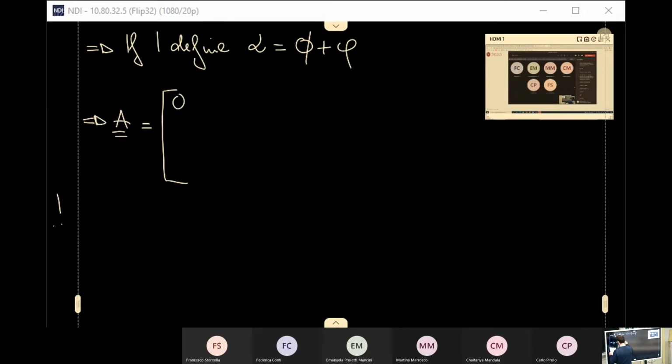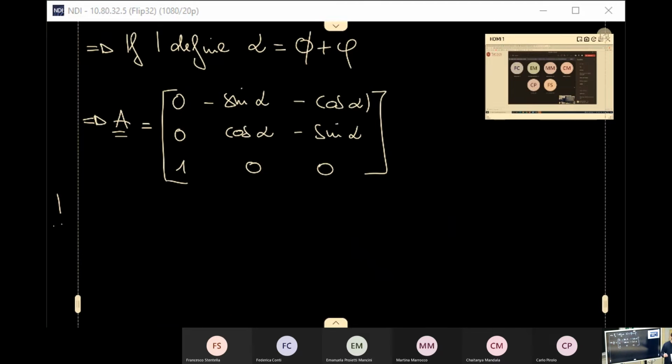It becomes 0, minus sinus of alpha, minus cosinus of alpha, 0, cosinus of alpha, minus sinus of alpha, 0, sorry, 1, 0, 0. So you see, I no longer have 3 parameters, but once I have set psi equal to pi divided by 2, I'm only left with one parameter, basically alpha.